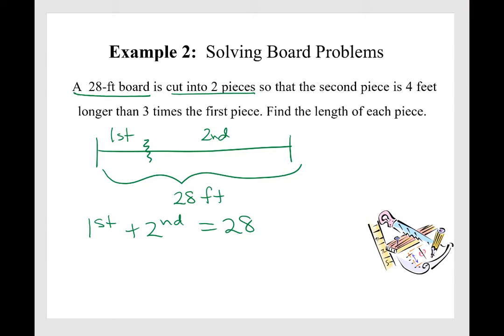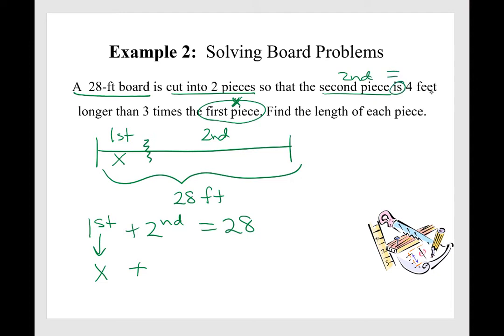All right, now let's go look at the pieces. Okay, it says we are cutting it into 2 pieces so that the second piece is 4 feet longer than 3 times the first. Well, they're telling me the second piece in terms of the first. I don't know how long the first piece is, so that's my variable. I'm going to call the first piece x. So this is x. So that means in my equation, this is x. All right, it says the second piece is, right? Is means equals.